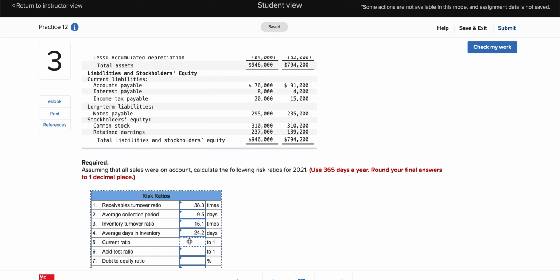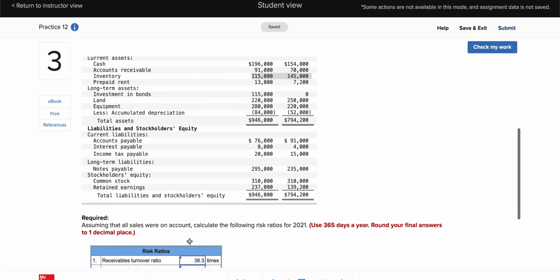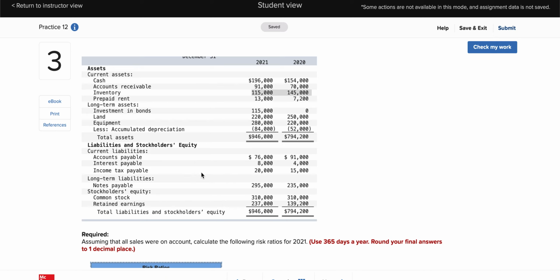The current ratio, if you recall, is simply our current assets divided by current liabilities. So you have to go look for the current assets, and lo and behold, they do not give us a total for it. But if we add the current assets together, we would end up with $415,000.